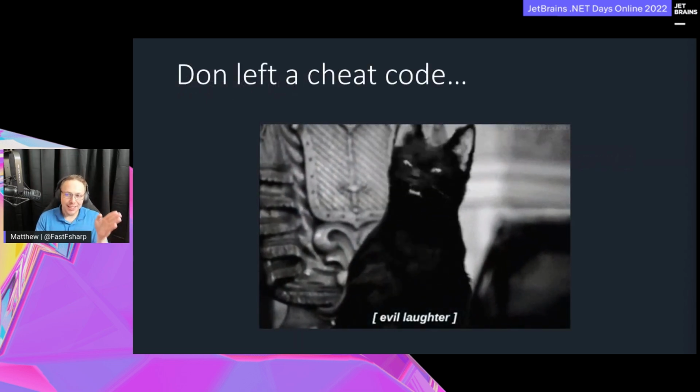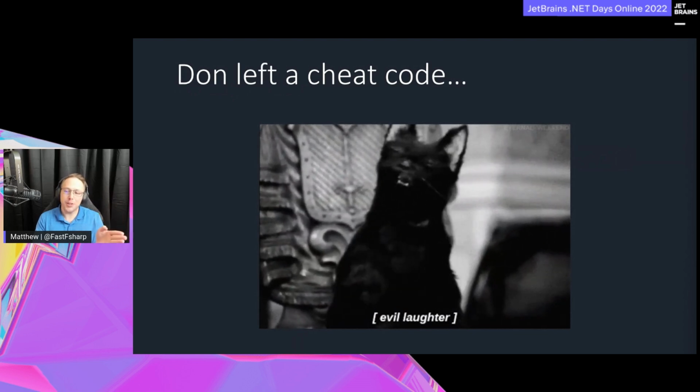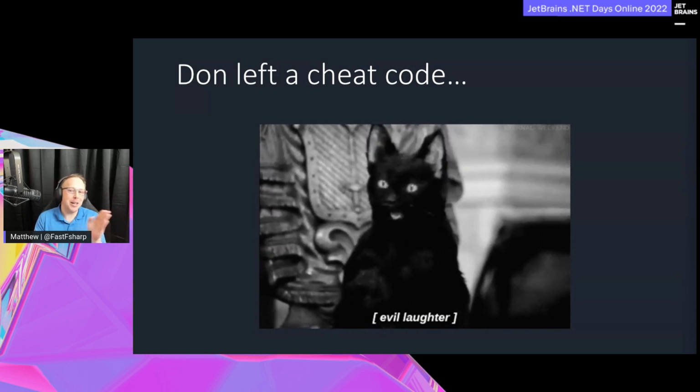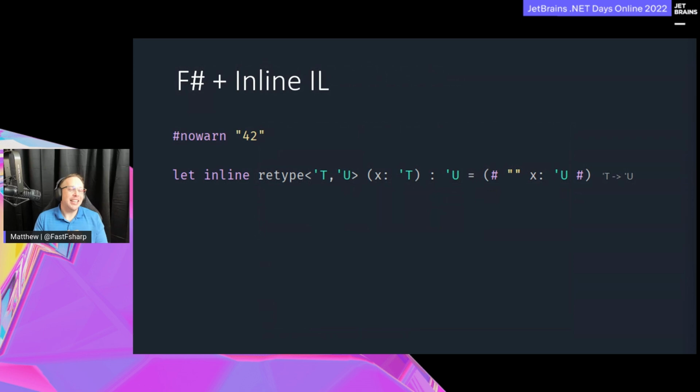Fortunately, Don Syme left a cheat code inside of F#. Danger ahead. But it's there. It will compile. And it's never coming out. It's the idea that you can inline IL in F#. What is IL? Not everyone might know that, but when you take C#, VB, or F# and you compile it, it actually gets turned into IL, which is an intermediate language.